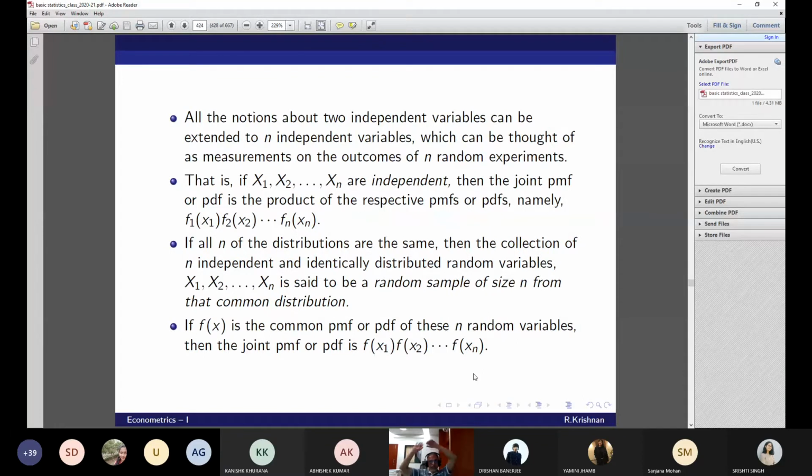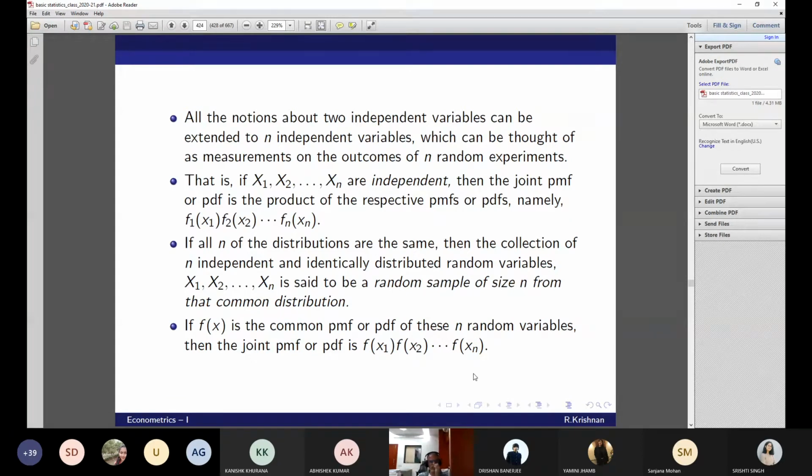All the notions about two independent variables can be extended to n independent variables, which can be thought of as measurements on the outcomes of n random experiments. Now, random experiments on the same variable. X1 is the first random experiment, X2 is the second, Xn is the nth. They are independent. The joint PMF or PDF is a product of the respective PMFs. So when somebody says I have a random sample of size n, X1 to Xn, this is only one random variable, with the experiment conducted n times.